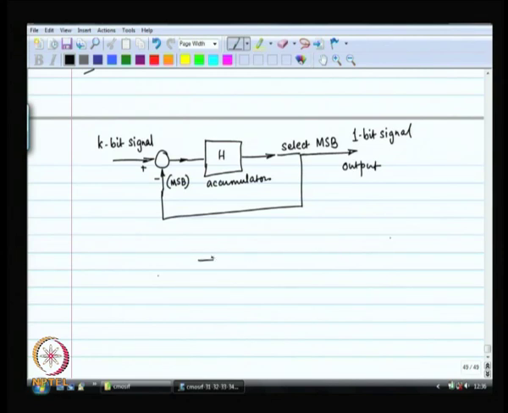It is something that looks like this. Okay. So, every clock cycle it is clocked, of course. Every clock cycle it takes the previous one and it adds and sends it out.